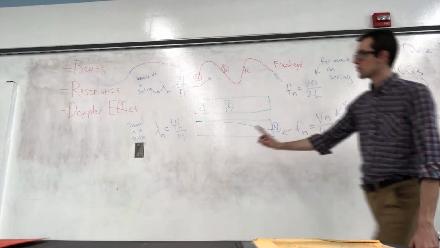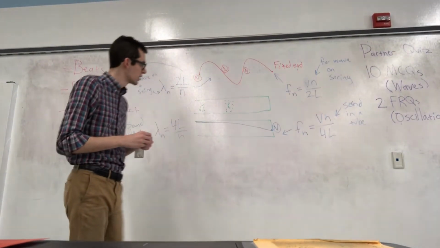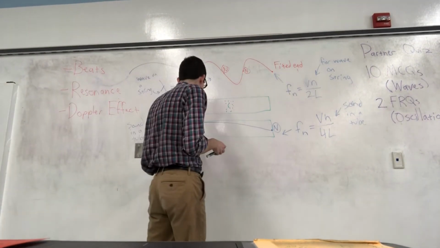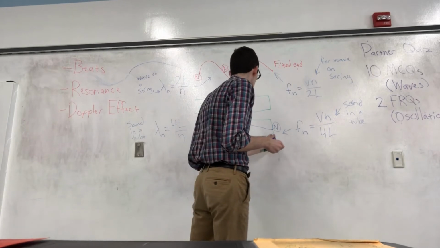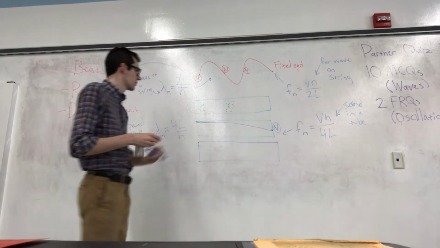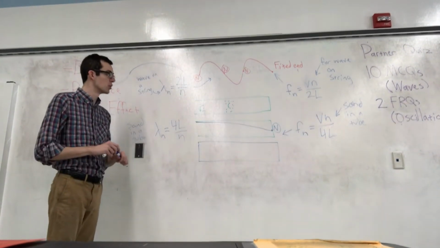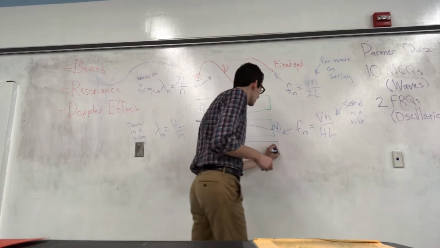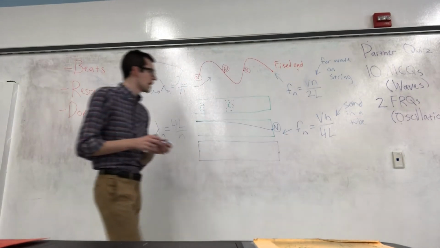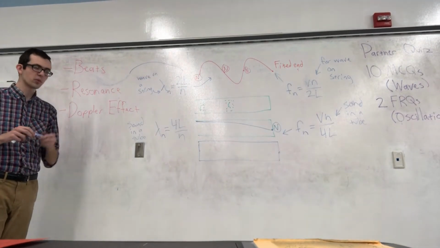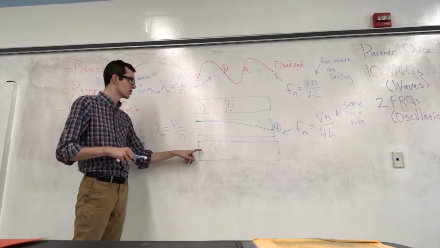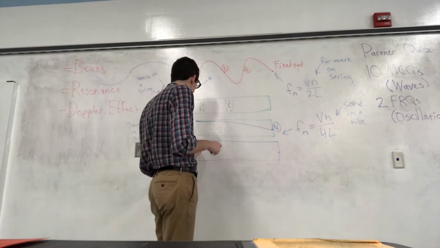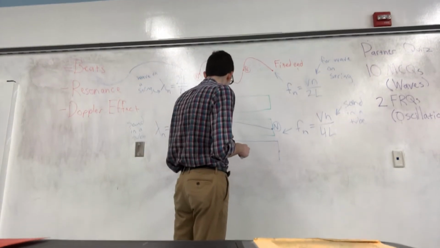Now, the one other thing for resonance that we need to hit on is that we can have resonance in a tube that is closed at both ends, which is pretty cool. But when that happens, we have a node at both ends, and there's a specific rule that goes with resonant or standing waves in a closed tube: we can't have a wave that goes like this.